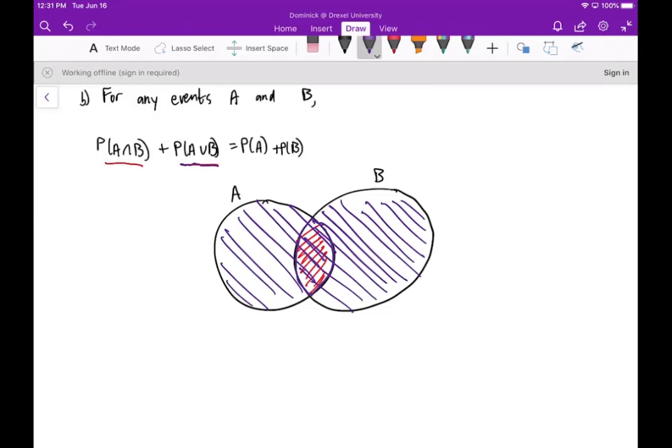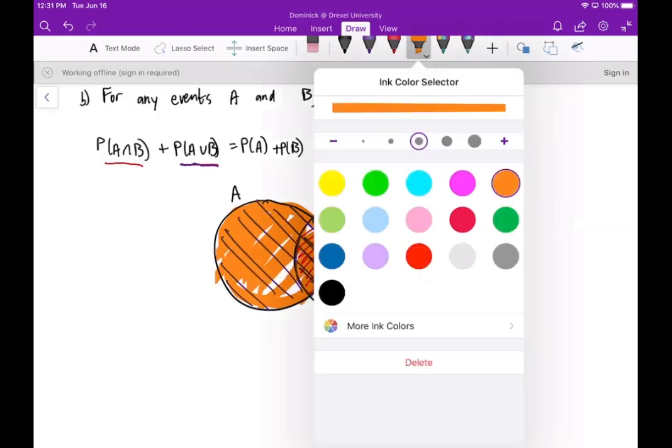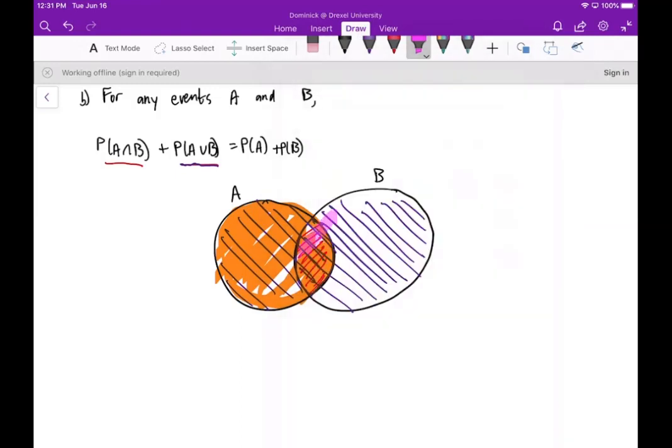And that would also occur if you were to take A, this entire region here, and then add that to B, this entire region here, because then you would count the middle twice again. So that's one way you could easily show this.